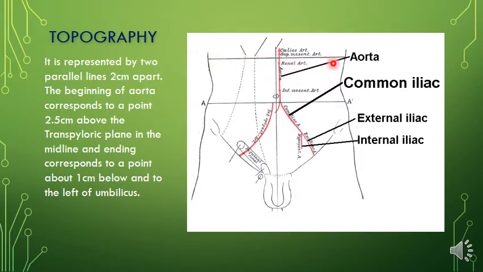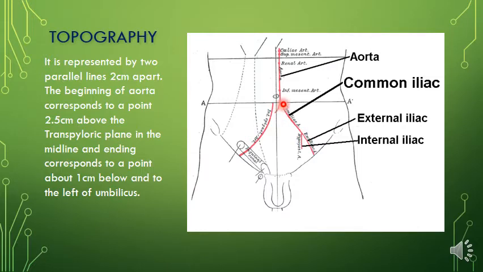This line indicates the transpyloric plane, right? Just 2.5 centimeters above the transpyloric plane is the starting point of the abdominal aorta. Then bring it down towards the umbilicus, and 1 centimeter below and 1 centimeter to the left of the umbilicus, the abdominal aorta ends by dividing into common iliac arteries.